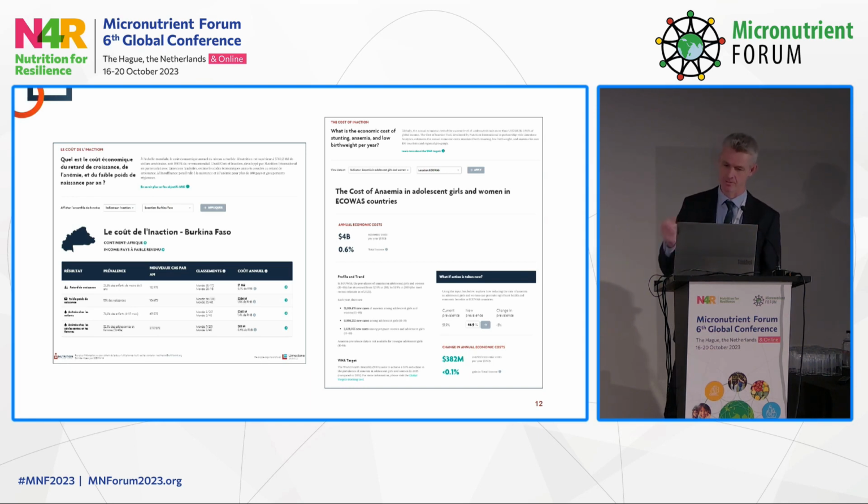It also includes a feature on what if action is taken now, which allows users to see what the economic gains and the health gains could be if action is taken now to reduce a prevalence from X to Y. And we think that is also a quick way of doing an economic analysis for policymakers, and can be very powerful.